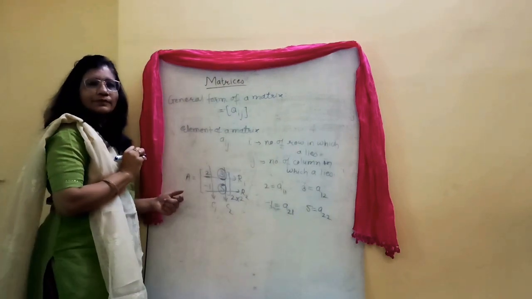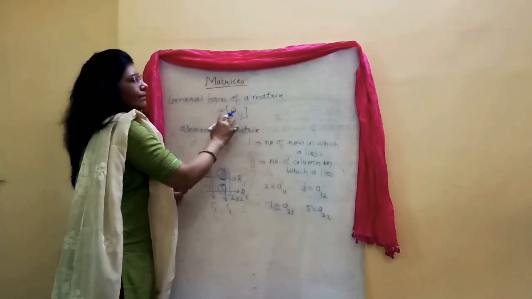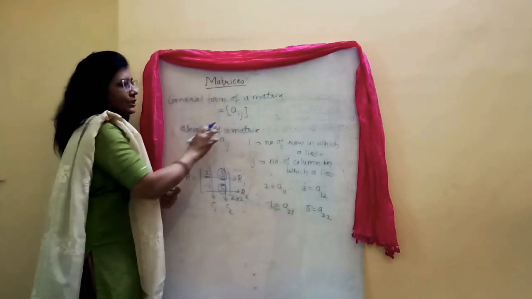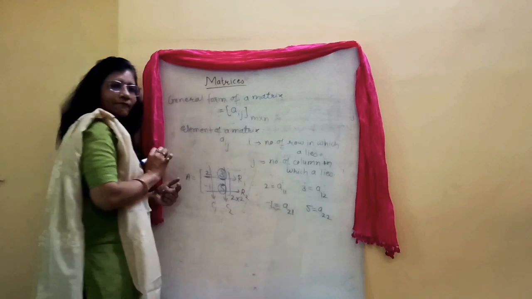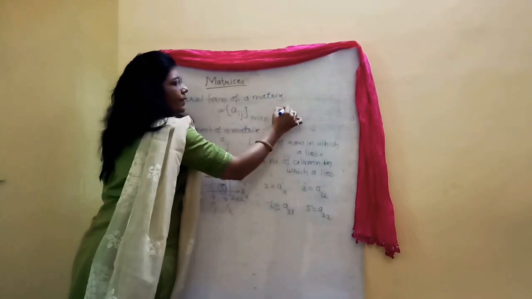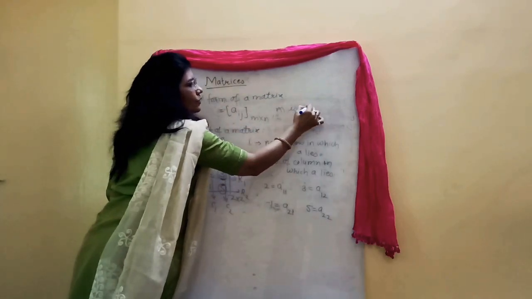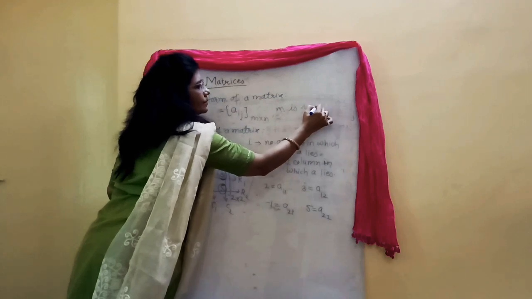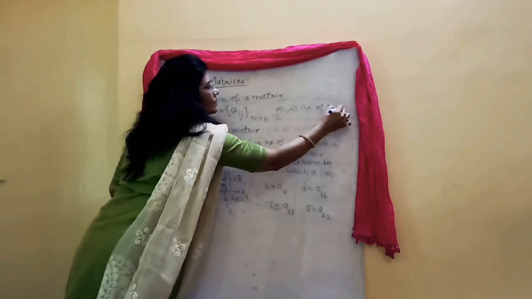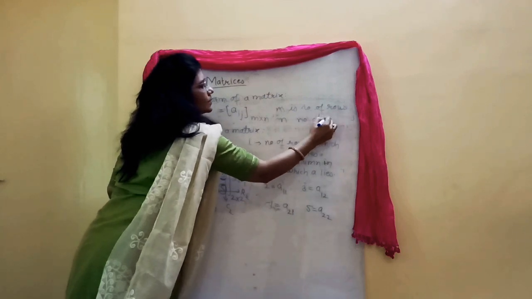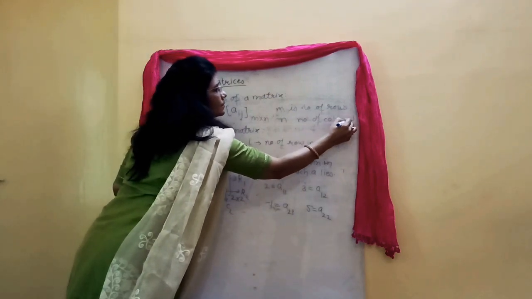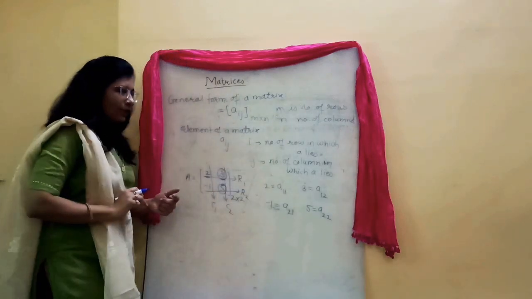That is, the general form of a matrix is denoted by Aij in a square bracket having order m by n, where m is the number of rows and n represents the number of columns.